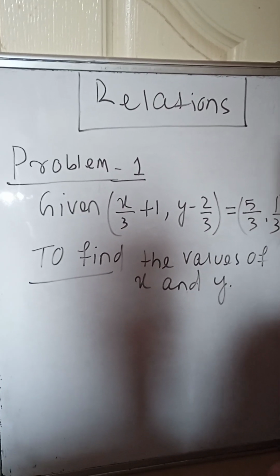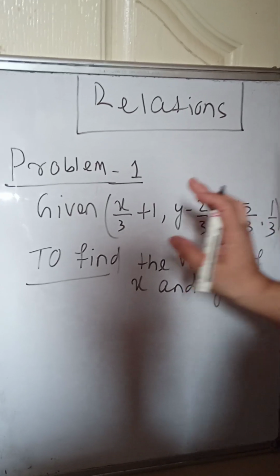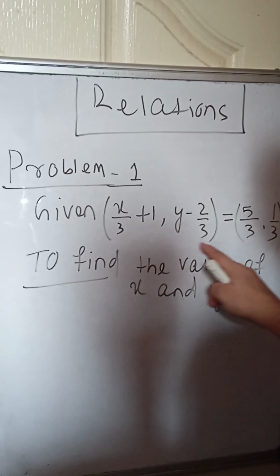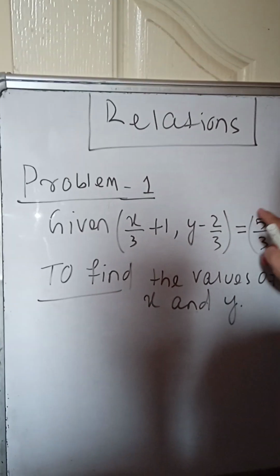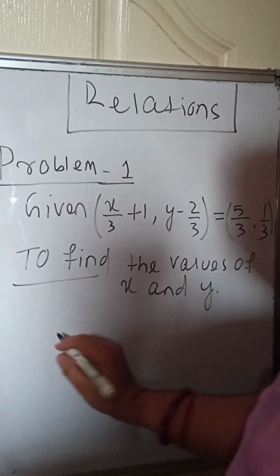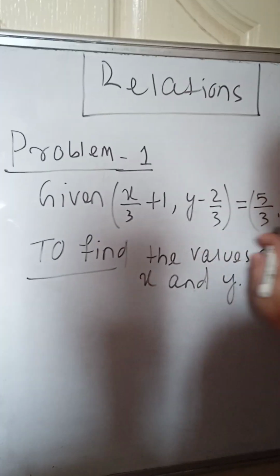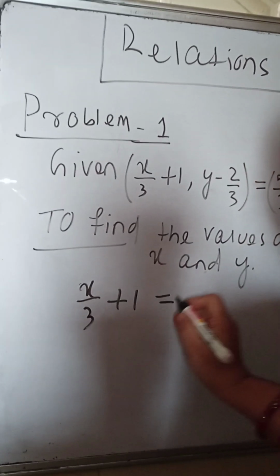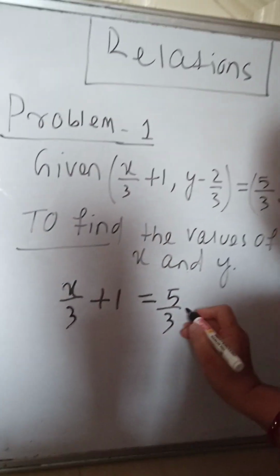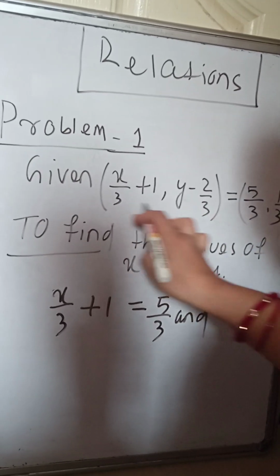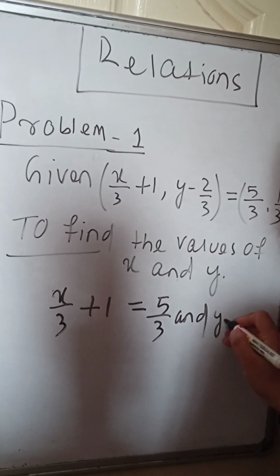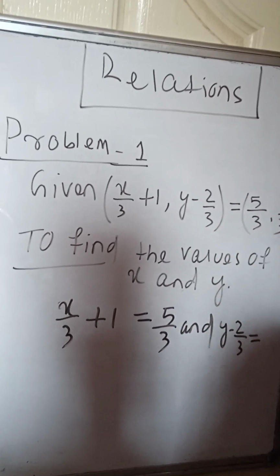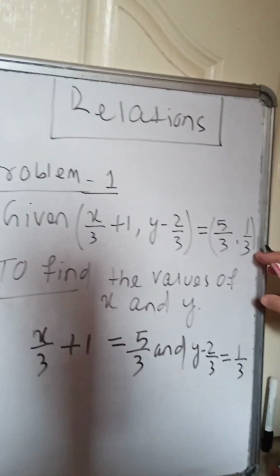In the previous class we discussed in our notes that two ordered pairs will be equal if the first element of the first ordered pair is equal to the first element of the second ordered pair. So you can write x/3 + 1 equal to 5/3, and the second element of the first ordered pair, y - 2/3, will be equal to the second element of the second ordered pair, that is 1/3.